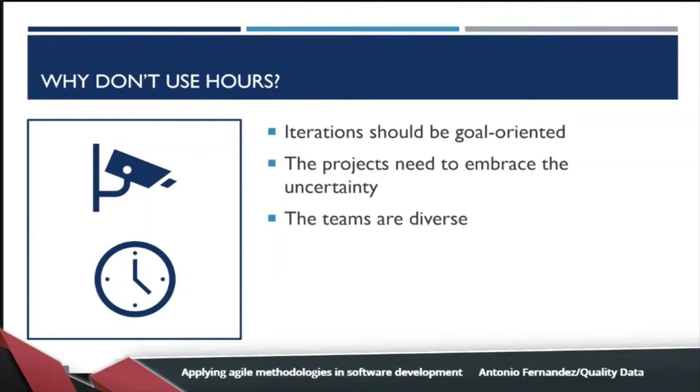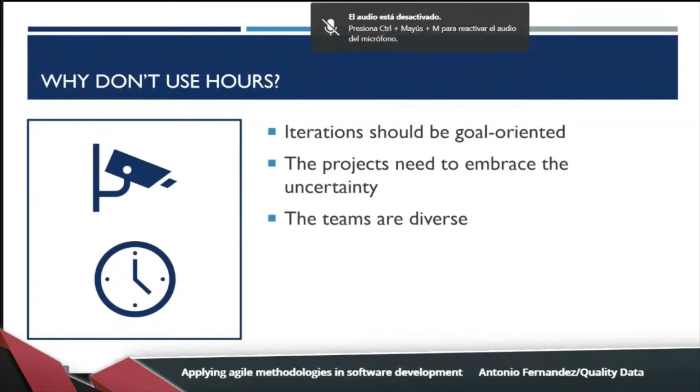Also, teams generally are diverse. We have members with different levels of experience and different knowledge. We have senior developers, medium, junior, or even trainees who are in the project just for learning. A user story developed by a senior can be completed in one day, for example.